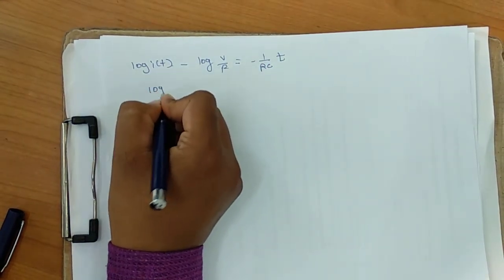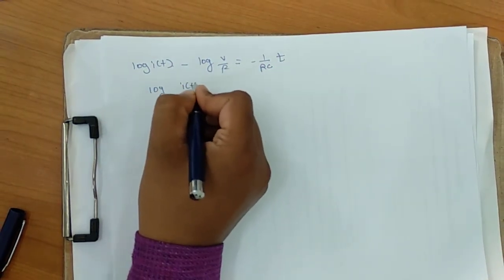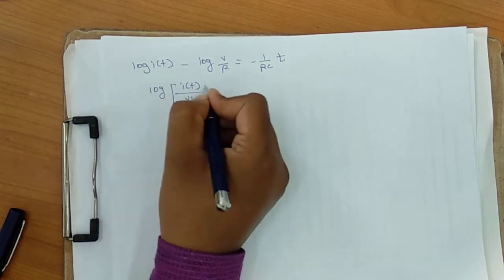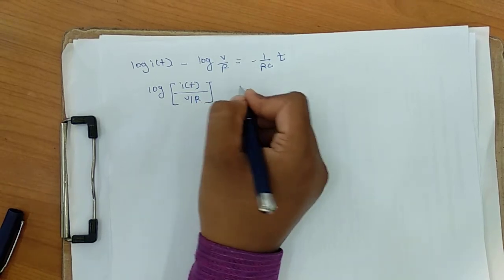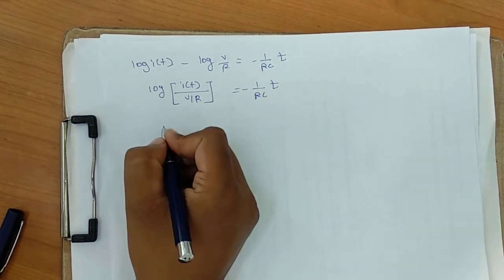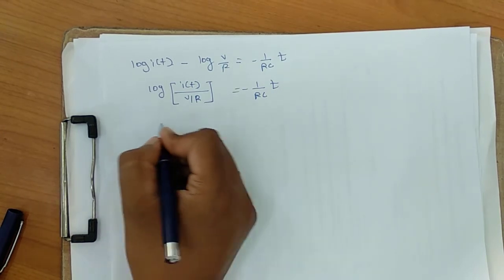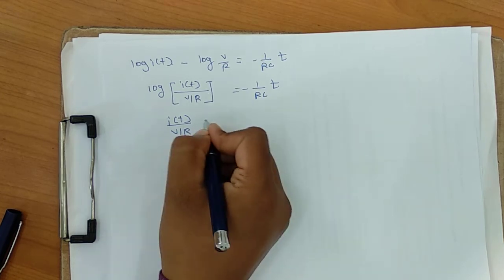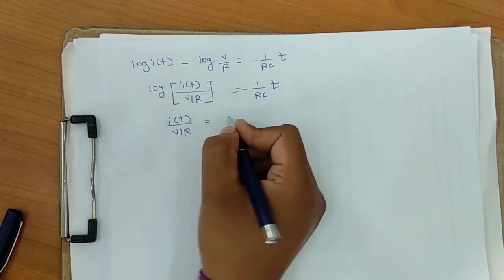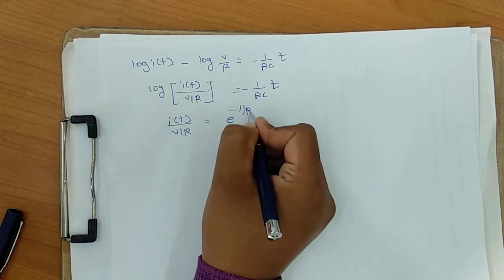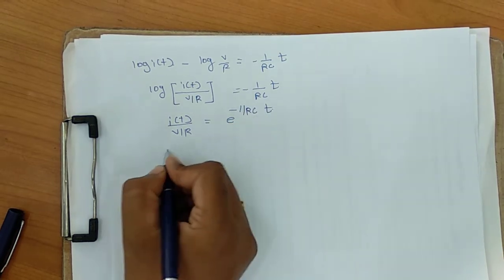So log of I of t divided by V by R is equal to minus 1 by RC t. So I of t divided by V by R is equal to e raised to minus 1 by RC into t.